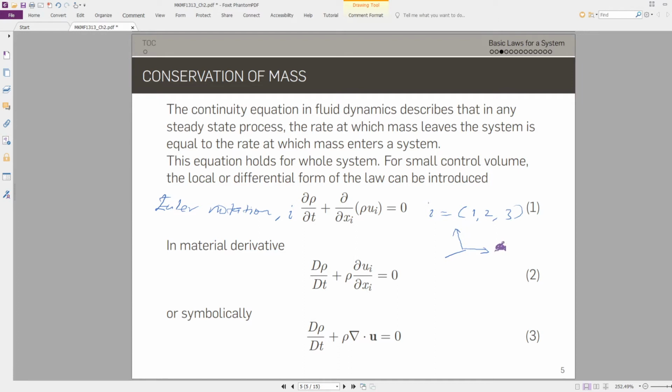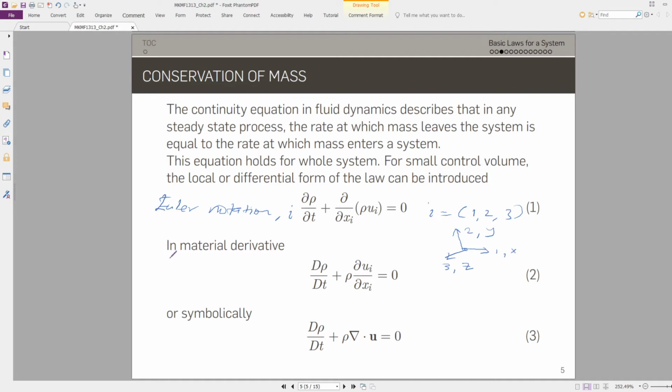So usually 1, 2 and 3 refer to axis x, axis y, and also axis z. So don't be worried with these indices that we have in the equation. It's just to represent the directions of the flows or the coordinate system x, y, z, which is represented in this case by 1, 2 and 3.